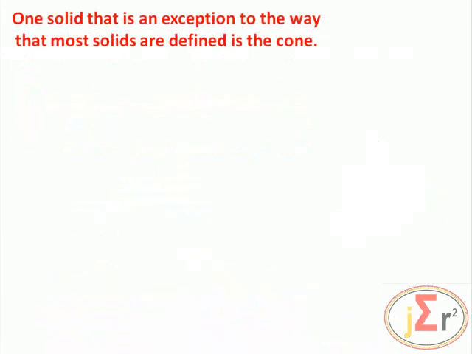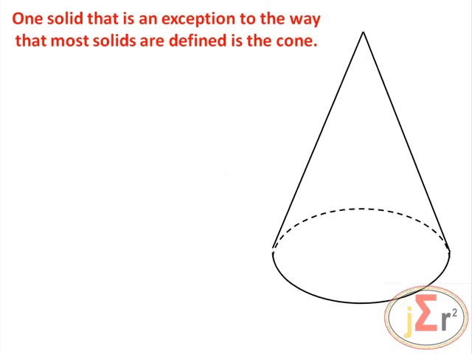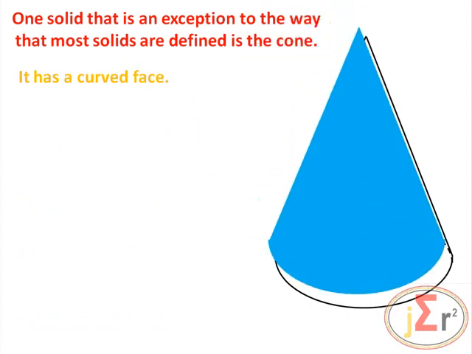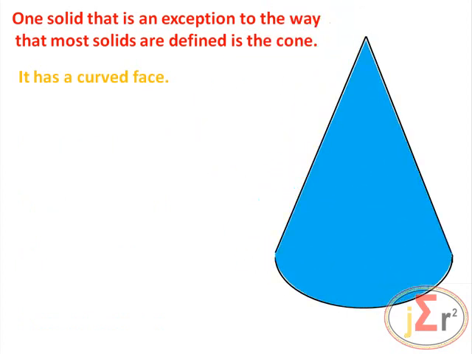One solid that is an exception to the way that most solids are defined is the cone. So the cone will be an exception in a few cases to the way that we define solids. It has a curved face that goes all the way around.